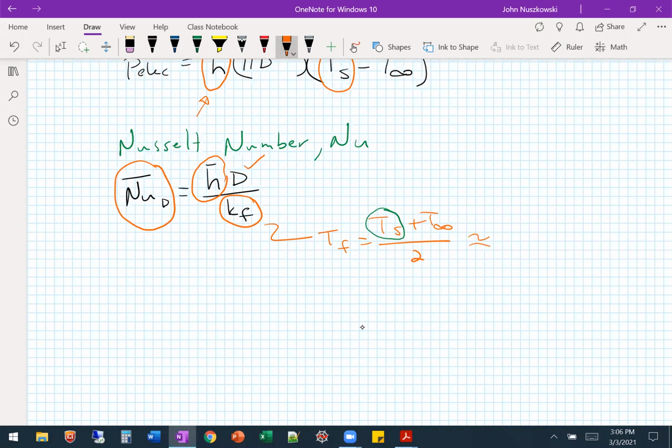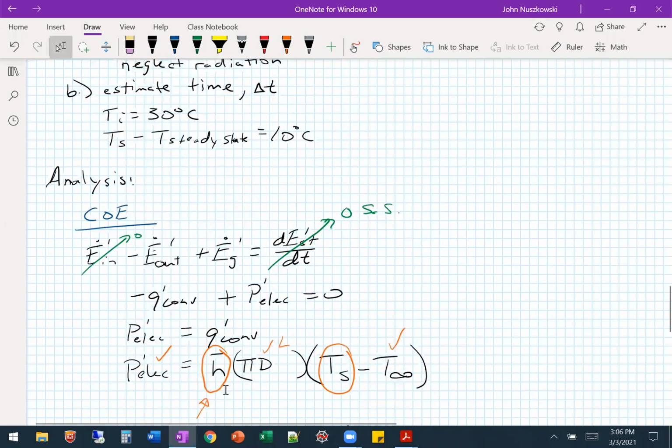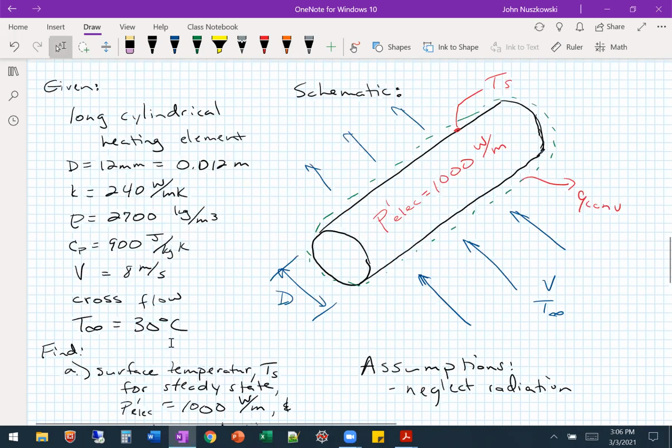So I'm going to guess 450, okay? Nice even number. We have T infinity, which is above, right, 30 plus 273. So we have 303 on T infinity. We know the surface is going to be much hotter because we have heat coming from the electric heater. So then the average will be something above, right?